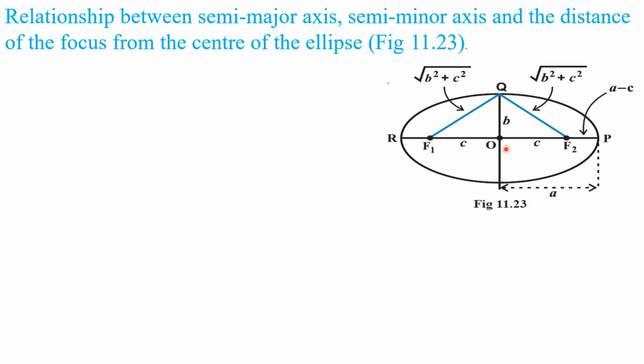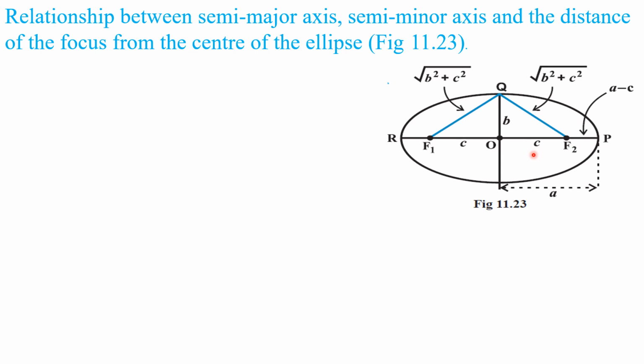The length of the semi-major axis is a units. Okay, my children. Then what is the distance between F2 and P? a minus c. As I mentioned, because this total length is a units, and O to F2 is c units. Understood this point, my children?